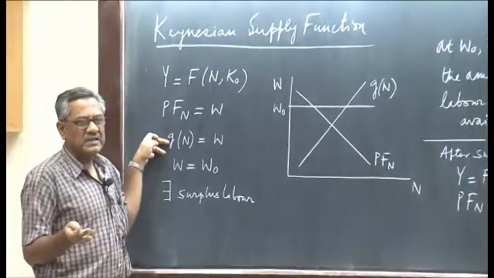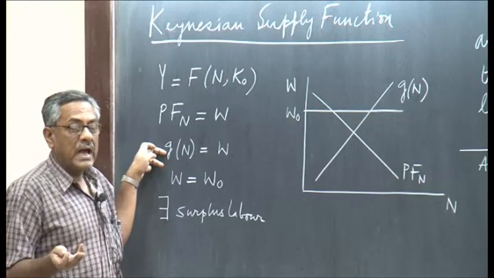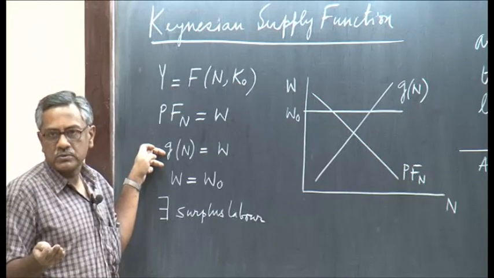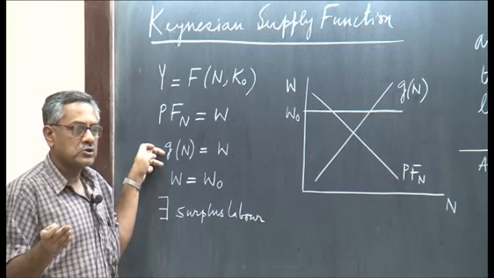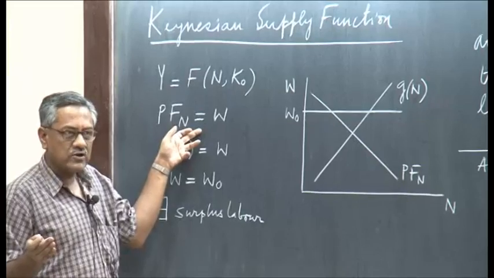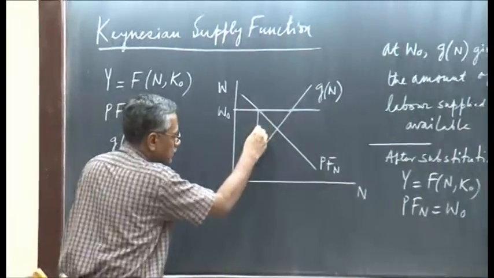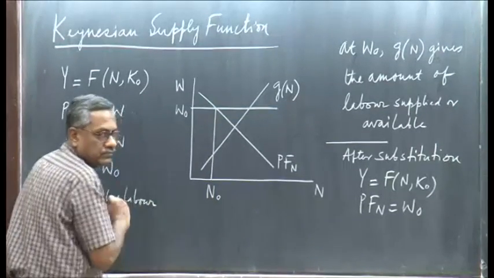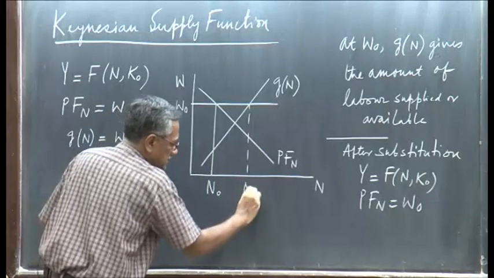This one gives you only the number of people available. And if we subtract the people employed, it tells you the number unemployed. What is important is how many people employed, which will be given by the labor demand function at W naught, which is this one. This is the number of people employed, and this one is simply the number of people supplied.